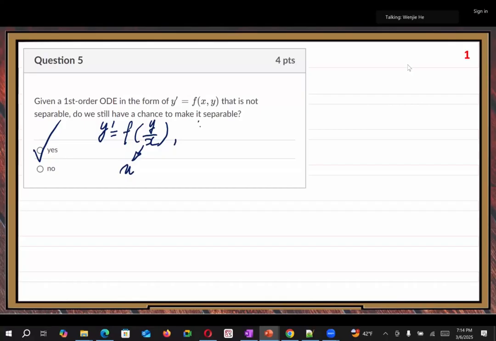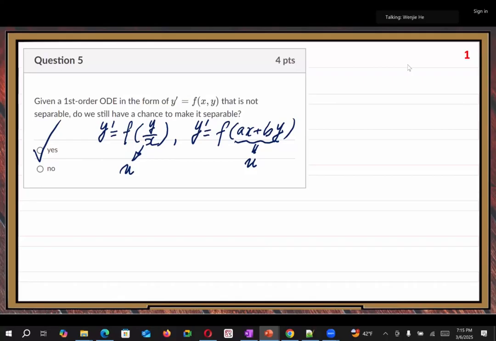The second type, y prime equals f of ax plus by. And you make u this part.